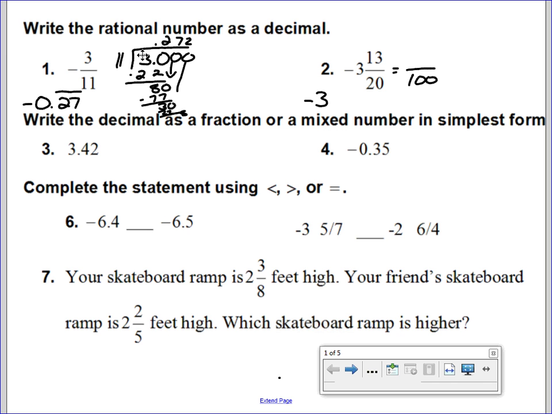We can say 20 times 5, right? And then we're going to do the same thing up here, 13 times 5. 13 times 5 is 65. 5 times 10 is 50. 5 times 3 is 15. Put them together, I get 65. Now, if we have 65 hundredths, we should know that 65 hundredths is the same thing as, all right, everybody okay with that?